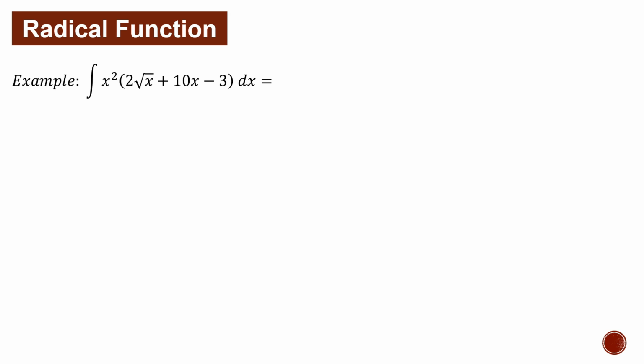Okay, so first let's distribute this x squared to each of the three terms here on the right side. Now what I'm going to do is I will convert that x, or square root of x rather, into x raised to 1/2. Just remember that. Okay? And then I'm going to apply theorem number 4, and I will separate each term.